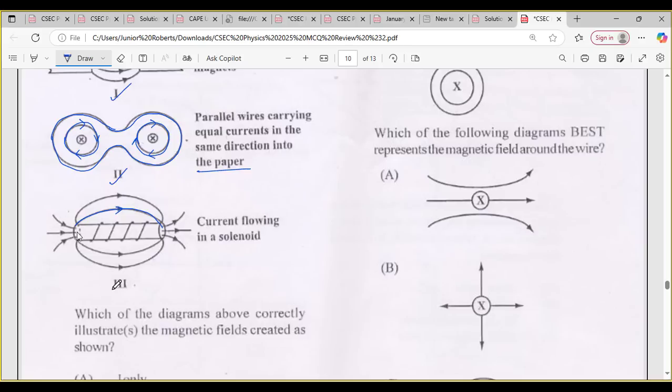Let me just note, this is north right here and this is south. So it's going to go from north to south outside the magnet, but inside the magnet it's going to go from south to north. So it means that this one is not valid, so we're going to cross that off. Let me just take a close look at this. So this is going in.